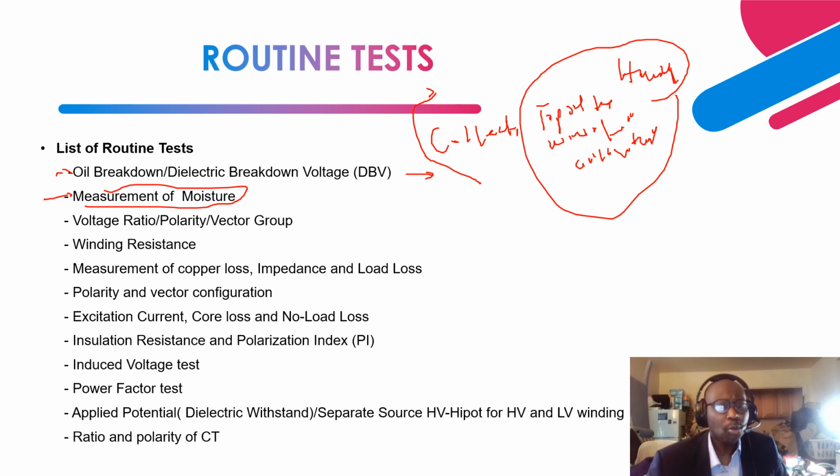Okay, so what is the purpose of the breakdown of oil? As you know, a transformer has mineral oil, and can also have natural ester oil, which is based on what they call a vegetable oil. Let's take an example of mineral oil.